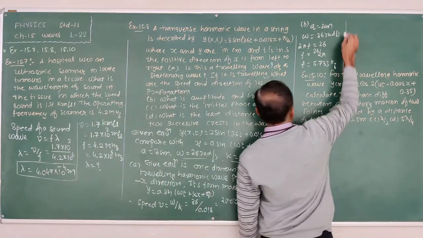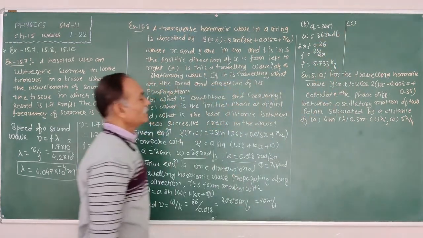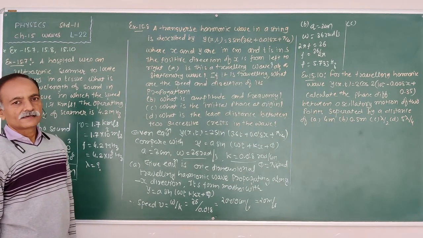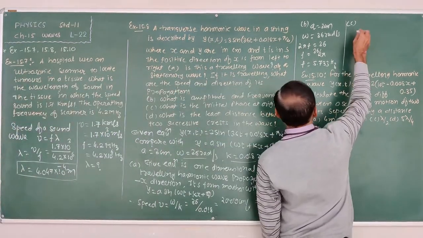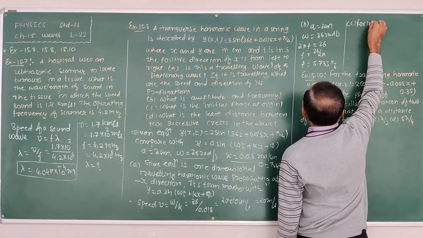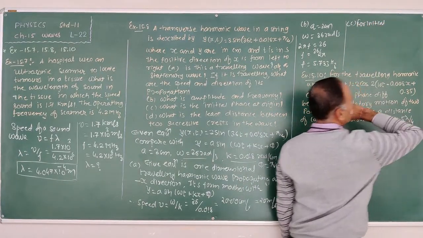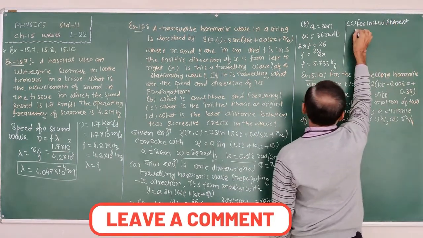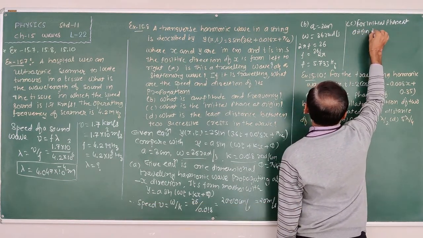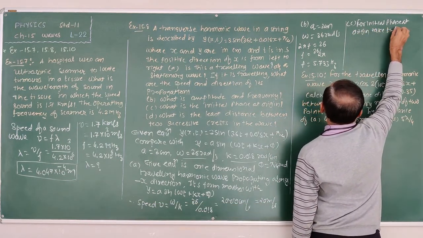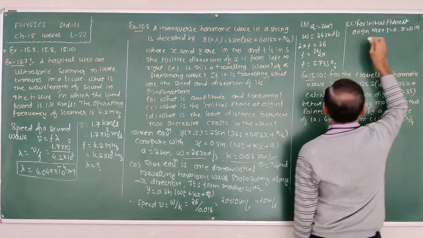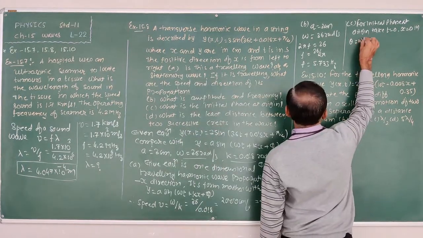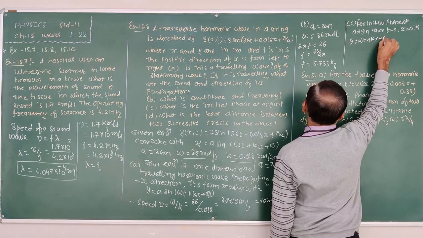Now, part C. What we have to find out is the initial phase at origin. For the initial phase at origin, take t is equal to 0, x is equal to 0 in theta is equal to omega t plus kx plus phi.